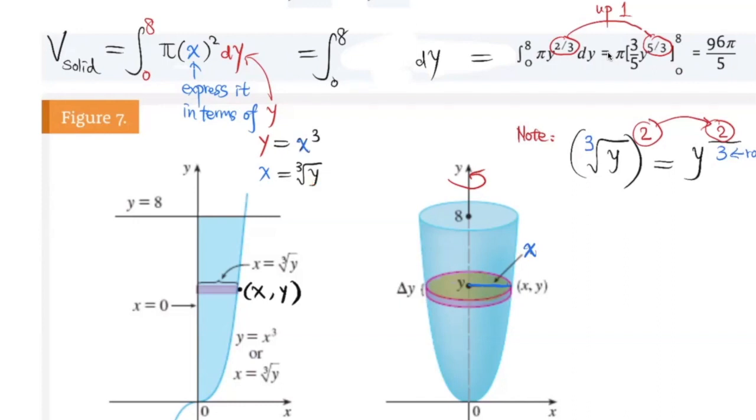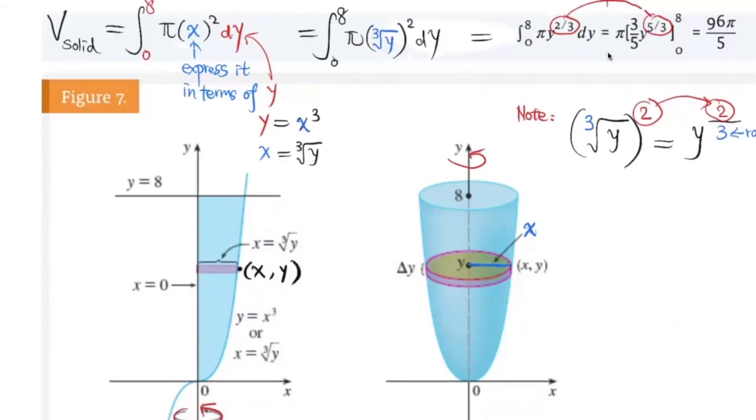When you square that, the 3 will be in the denominator of the exponent, corresponding to the index of the root. The 2 will be on top, in the numerator of the exponent.